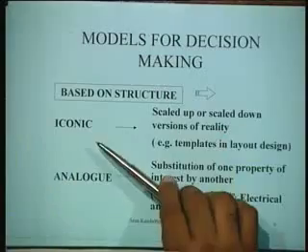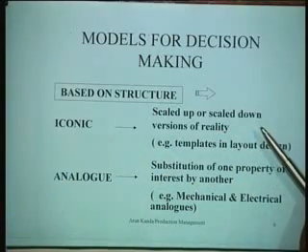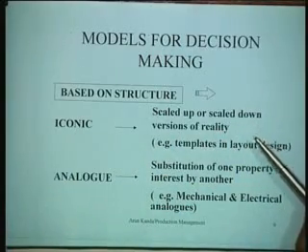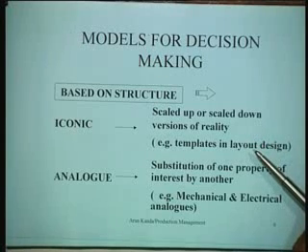If you're talking about the molecular structure of, let's say, carbon as a tetrahedron, and you want to put a carbon atom at every node of the tetrahedron, you can have a physical model which does this, and which can then help you calculate a variety of interatomic properties that you might be interested in. So remember that iconic models are just scaled up or scaled down versions of reality, and they give us an understanding.